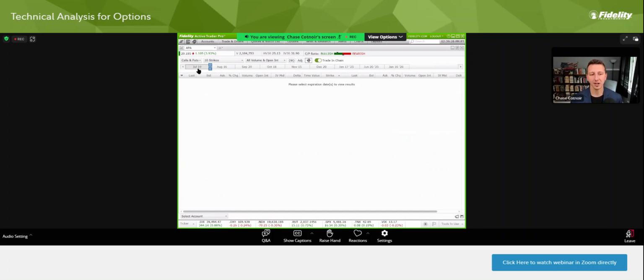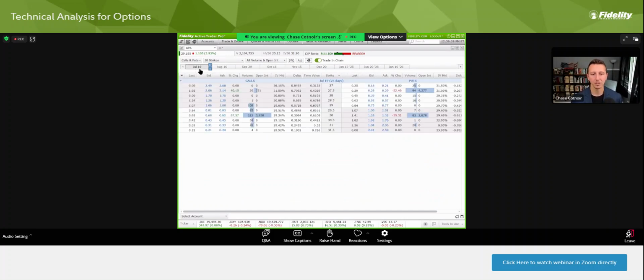Well, this closest monthly is 25 days. That's a little bit longer than 2 weeks. If I want to go one further out, that's August. That should be extra time. I'm going to have to pay for it, and there's going to be some kind of earnings premium likely associated in part to this. But again, keeping it kind of high level here. Let's just say we go with this expiration.